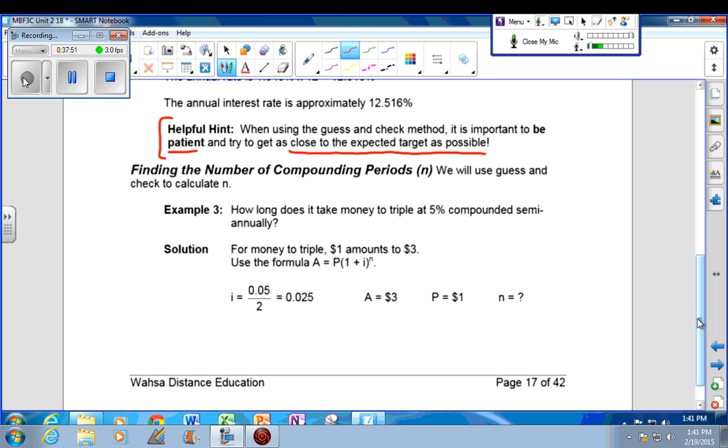As a matter of fact, this one, the number of compounding periods, you'll actually see if you ever go in to a new car dealer and you want to buy a truck or a new car, usually a truck. They might give you a computer to use where you plug in a certain monthly payment and it'll figure out how many months your loan should be, or you plug in how many months, which is n basically is what you're working out, and it'll tell you what your payment will be, right?